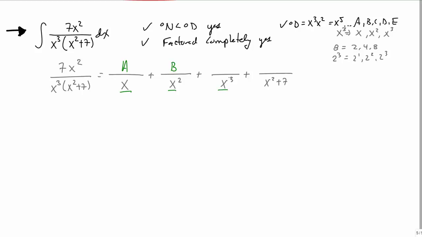The base is linear, so my numerator is constant. Now here my base is quadratic, and my exponent is to the 1st power, so my numerator is going to be linear, dx plus e. So I have this set up and ready to go, and I'm going to find a common denominator.